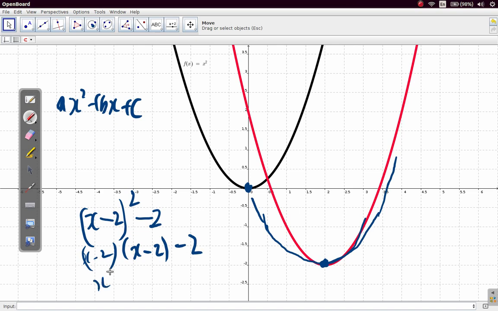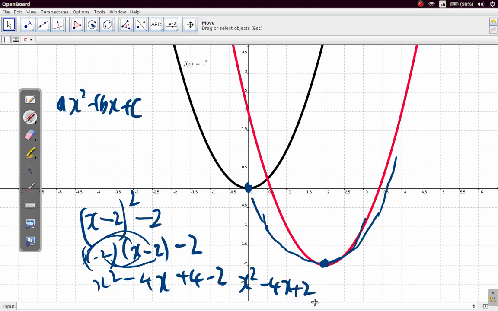You have x squared minus 2x minus 2x, which is minus 4x, plus 4 minus 2. So you would end up with x squared minus 4x plus 2. So that's the graph that you would have.